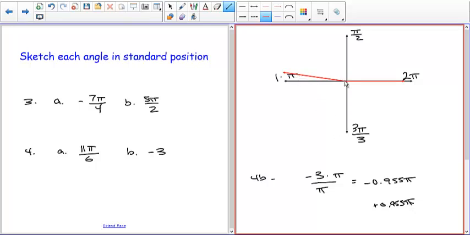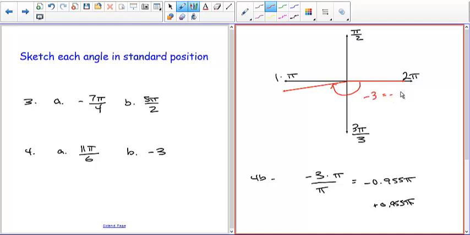And then if you reflect it over the x-axis, then that's it. And you're measuring this angle from here. This is -3 radians, which is negative 0.955 pi. So instead of going a full 1 pi clockwise, we go almost a full one.